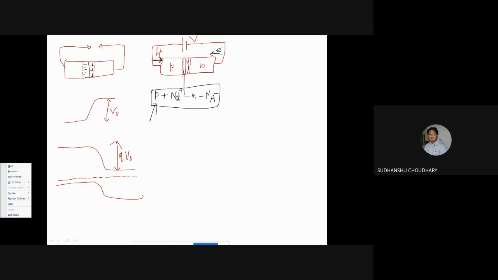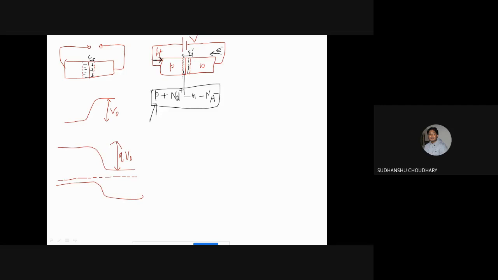Now, since we see here that the depletion region has shrunk, it was more at equilibrium. Now when you apply a forward bias, it is less. So obviously that means the electric field will also be small across the junction. That is, the equilibrium electric field has changed.